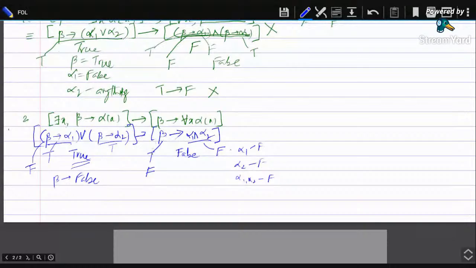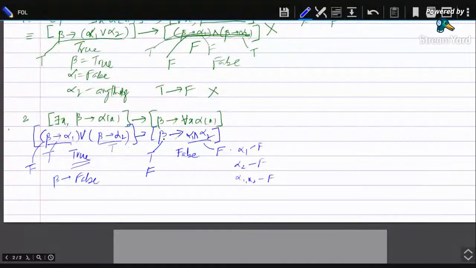For this, you want a true. For this, you want a false. So something is not matching. Here, to make this false, you want beta to be true. For this, you make true, you want beta to be false. So there is some mismatch.